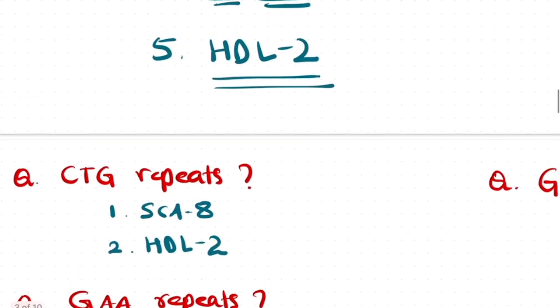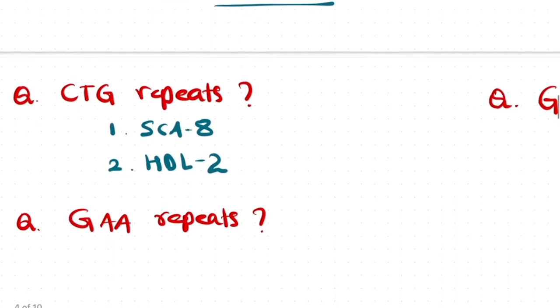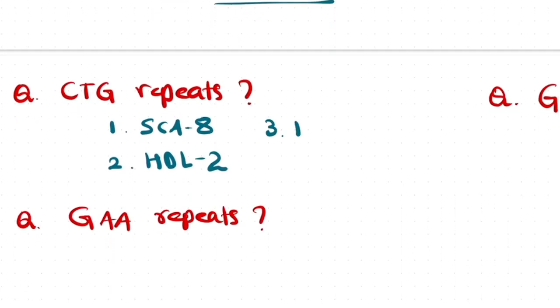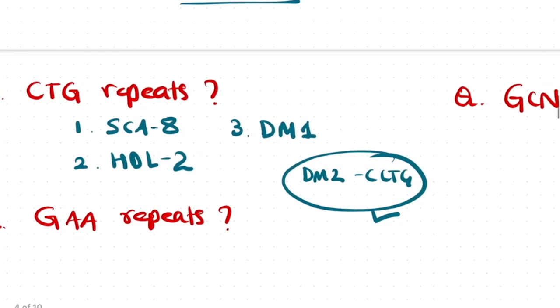HDL2 can have CAG repeats as well as CTG repeats. Next we have myotonic dystrophy type 1, which has CTG repeats, whereas myotonic dystrophy type 2 will have CCTG repeats, that is tetranucleotide. So the only tetranucleotide repeat disorder in neurology is myotonic dystrophy type 2. This is a potential question which can be asked in the entrance exam.